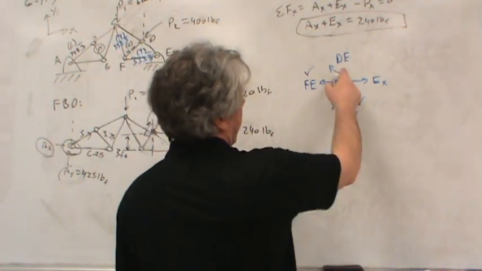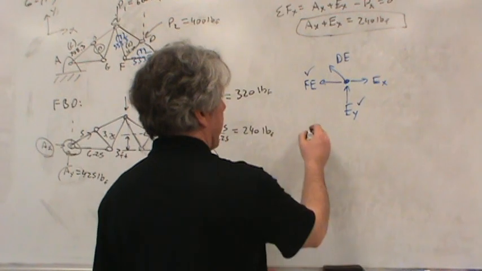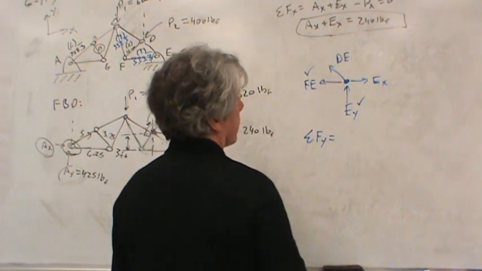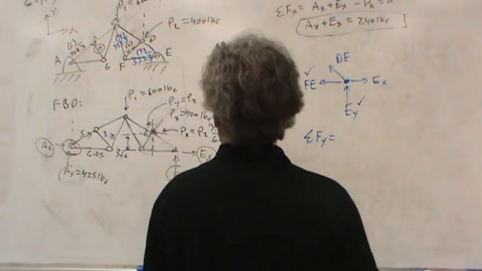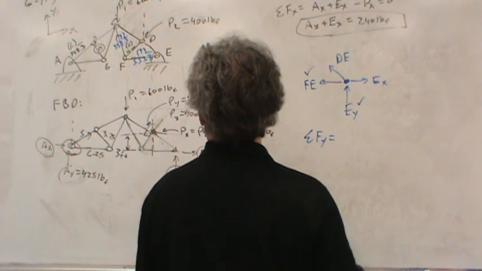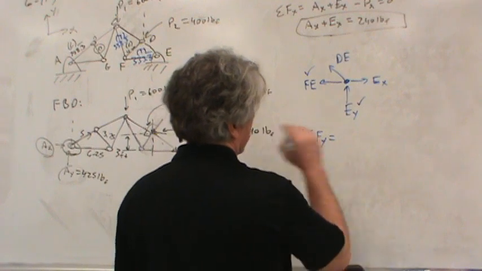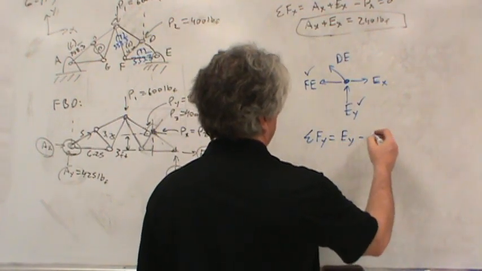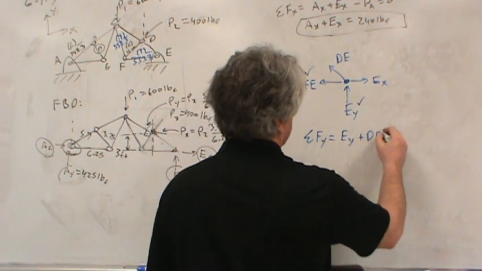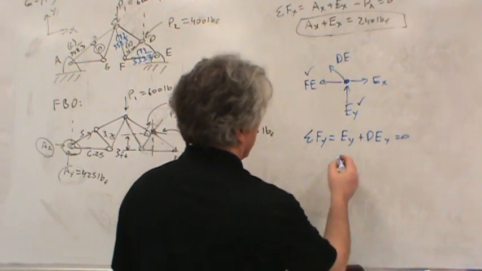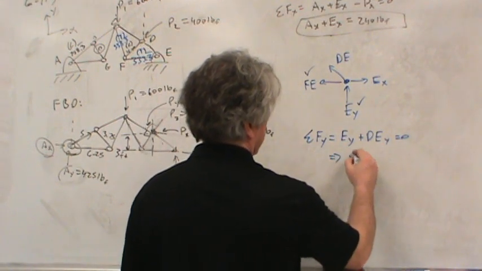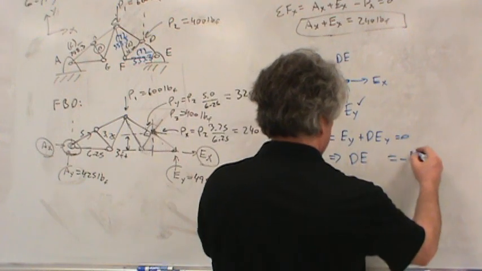So notice that EY is going to give us the magnitude of DE by summing forces in the vertical direction. So to do that, I guess the way to do it is EY plus DEY equals 0. And then we can figure out DE in terms of EY.